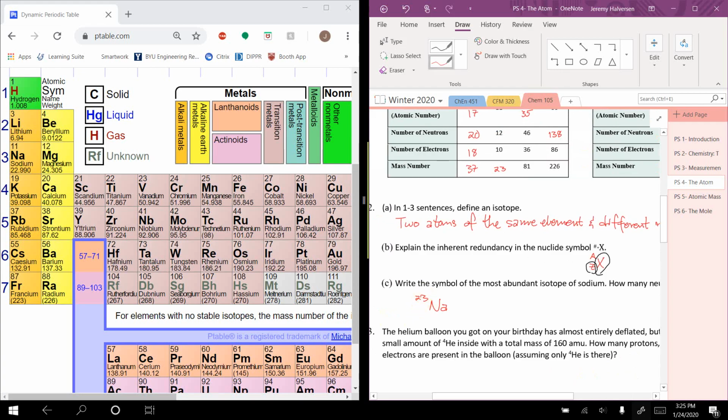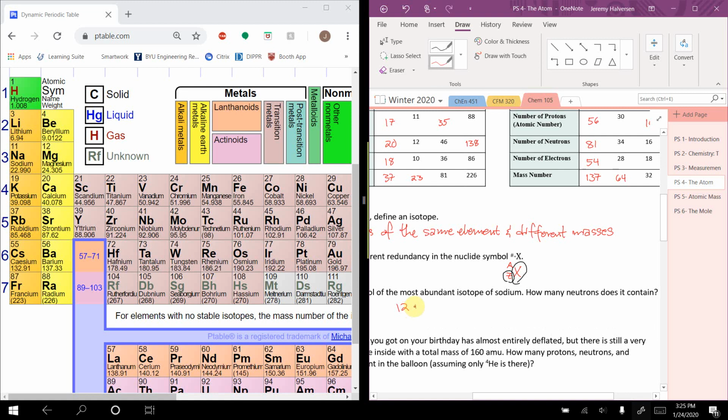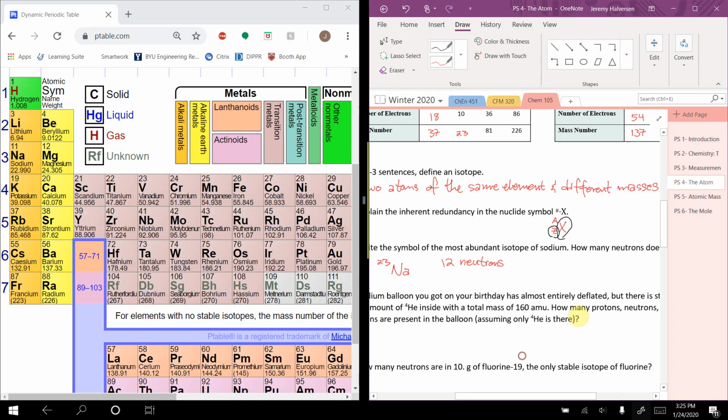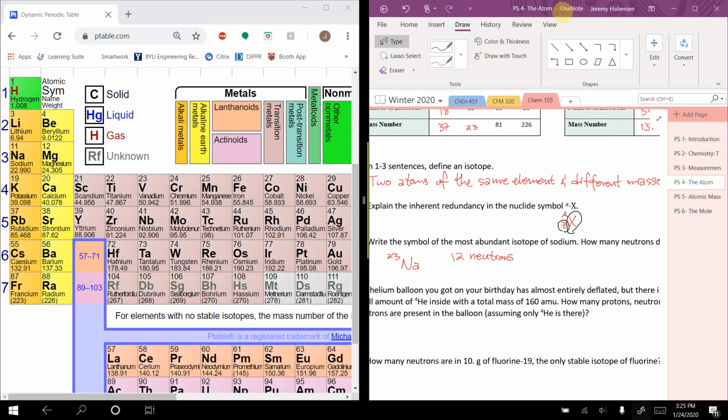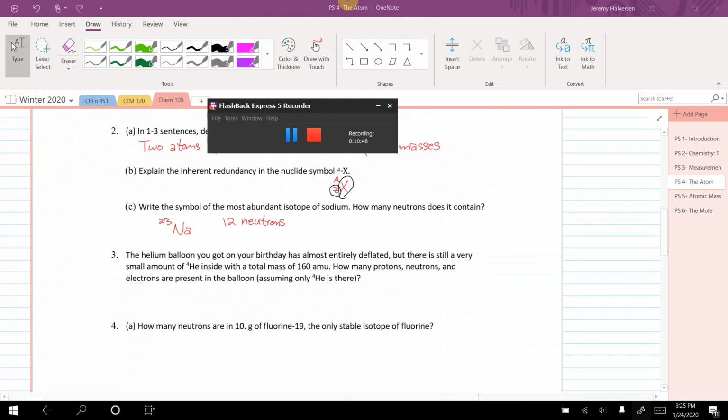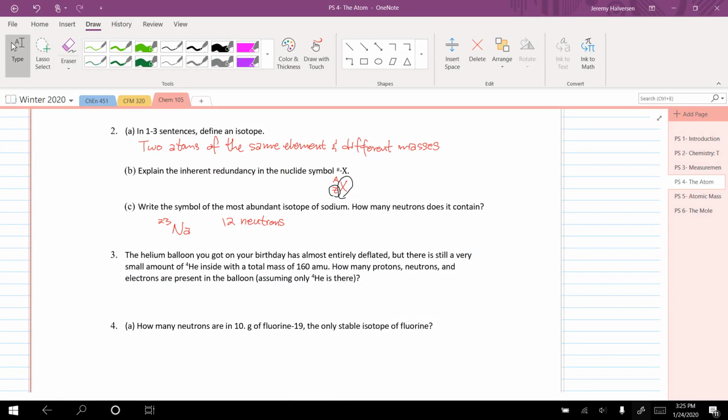Well, it's sodium, so it's got 11 protons, which means it must have 12 neutrons. All right, moving on. And these problems will probably reference the periodic table moving forward, but I won't necessarily pull it up every time.